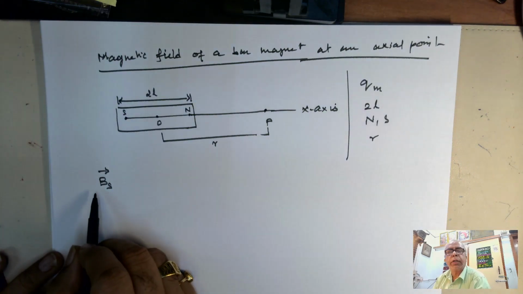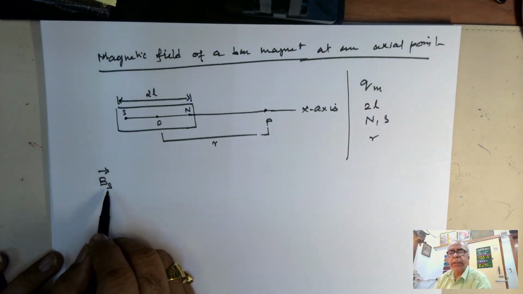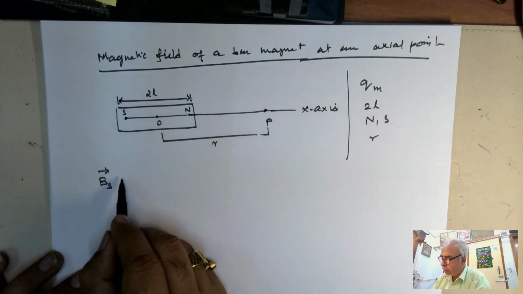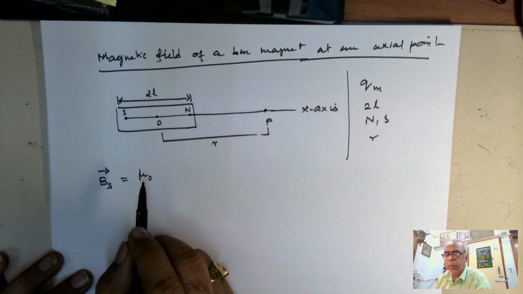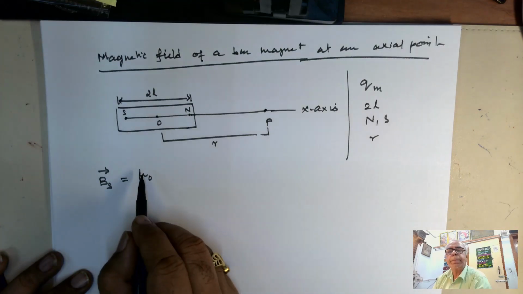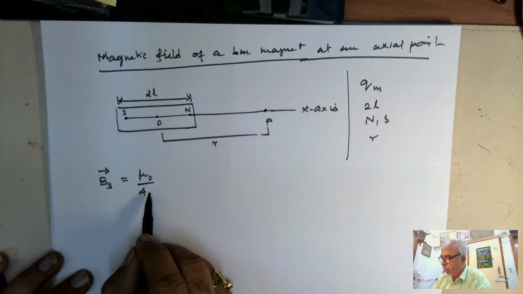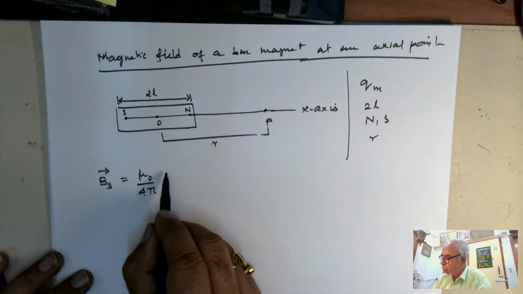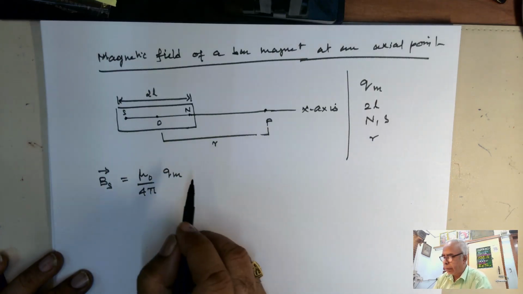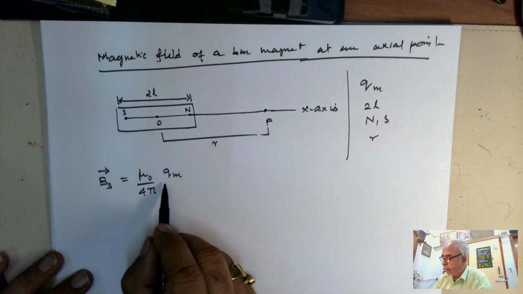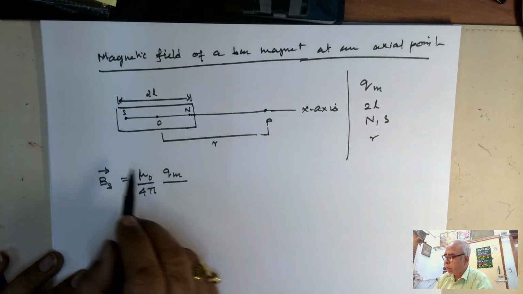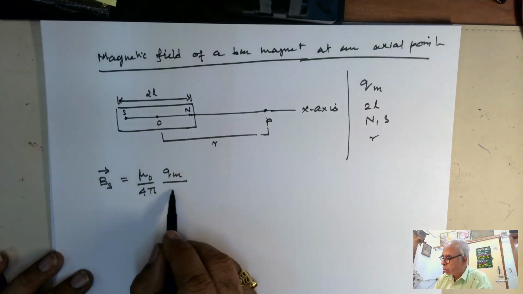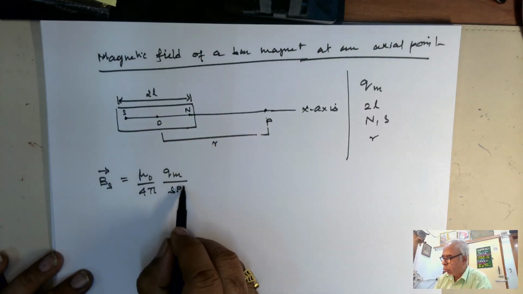This is the magnetic field vector influenced by the south pole on the point P, equal to mu naught divided by 4 pi into Qm divided by, now the distance is from S to P, so you can mention straight away SP square.